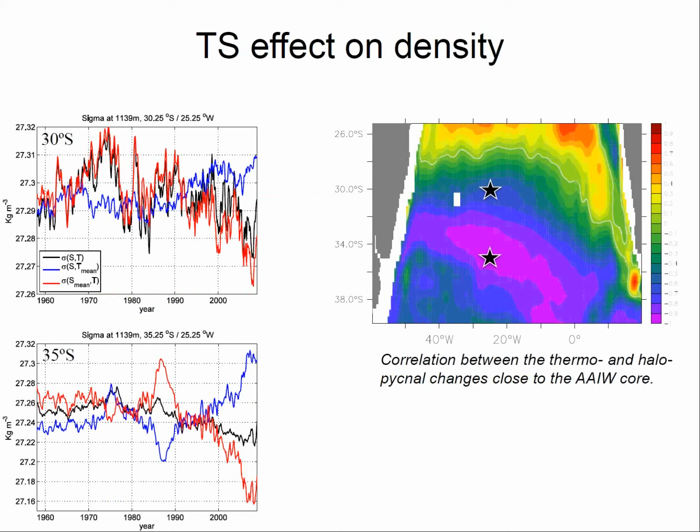This is just to show how the density is related to salinity and temperature at different locations in the South Atlantic. Here for 30 south, this is what I call the thermal and haline contribution to density.